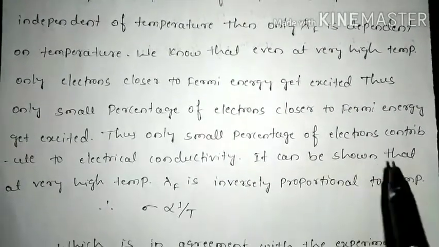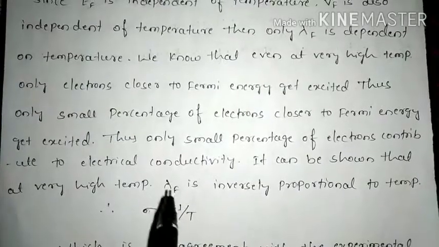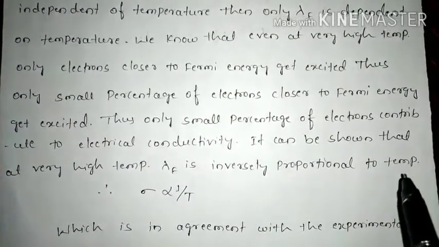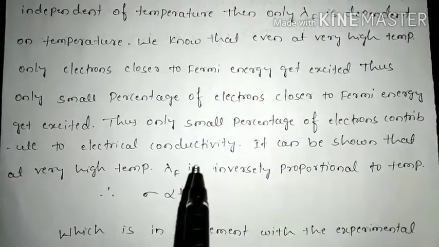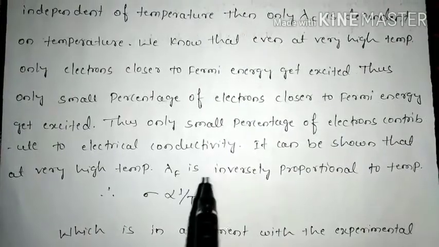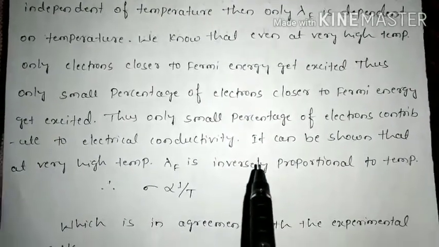It can be shown that at very high temperature lambda f is inversely proportional to temperature. As the temperature increases, the mean free path of the electrons goes on decreasing.